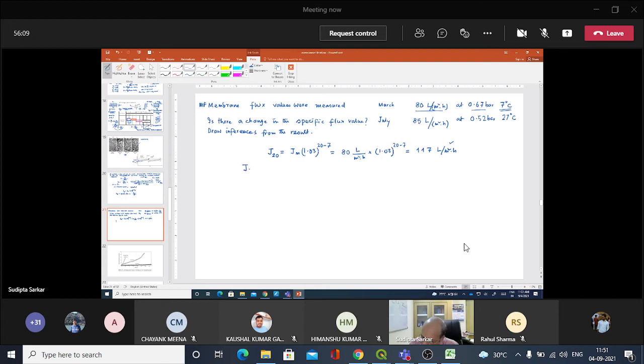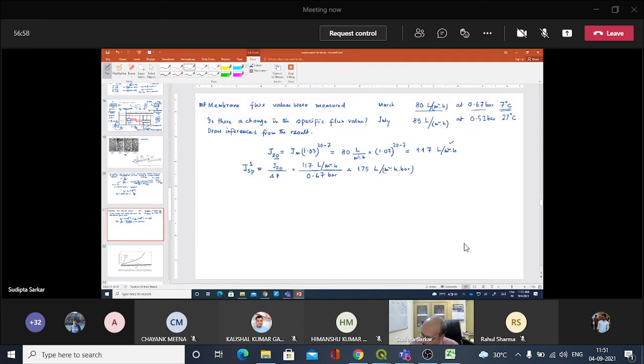If we write the specific flux in this case as JSP1, it is Js divided by delta P. The standard temperature is 20 degrees centigrade, so you can write this as J20 divided by delta P. In this case, we write 117 liter per meter square hour divided by 0.67 bar, which gives me 175 liter per meter square hour per bar.